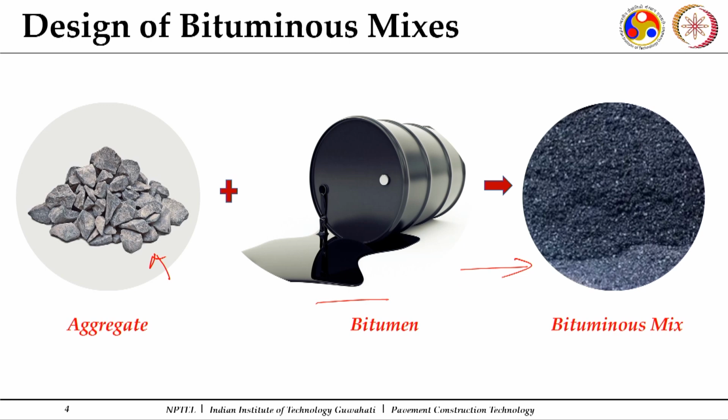At all stages we need to ensure quality. We discussed in previous lectures how we can ensure the quality of the aggregates, and how we can ensure the quality of binder. Here we will discuss how we can get an idea about the properties of the bituminous mix which we get.